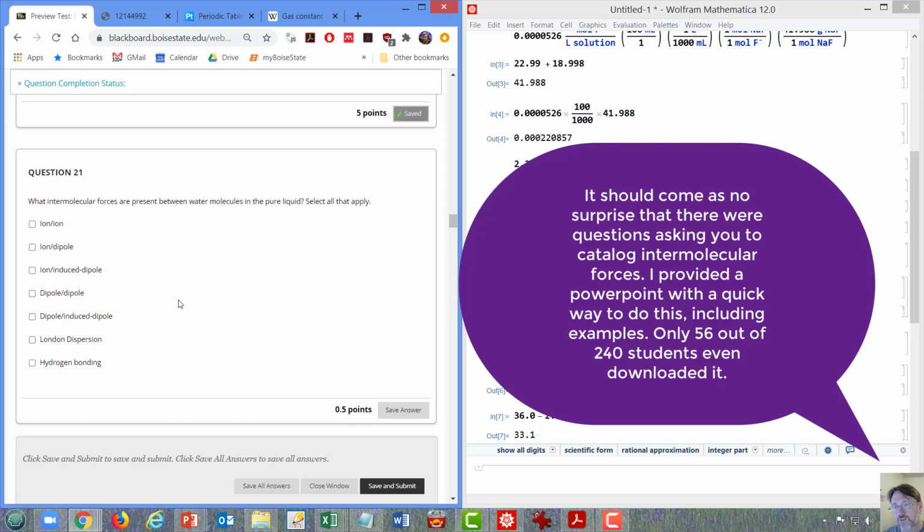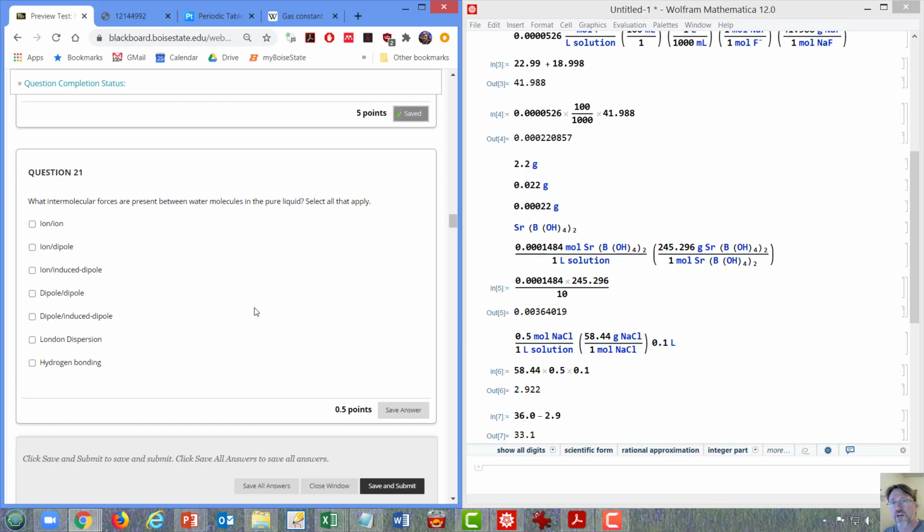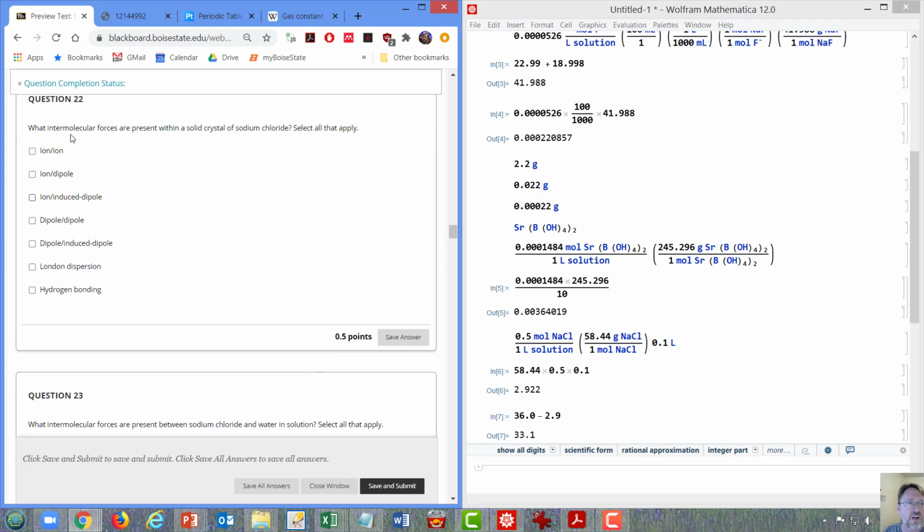What intermolecular forces are present between water molecules in the pure liquid? Select all that apply. I gave you a PowerPoint that shows you a simple way to go through that information. Hopefully you know that water is not an ion, but it is a dipole. So you have these, and we know it has hydrogen bonding. What intermolecular forces are present within a solid crystal of sodium chloride? Well, sodium chloride are ions, so you have ion-ion interactions.